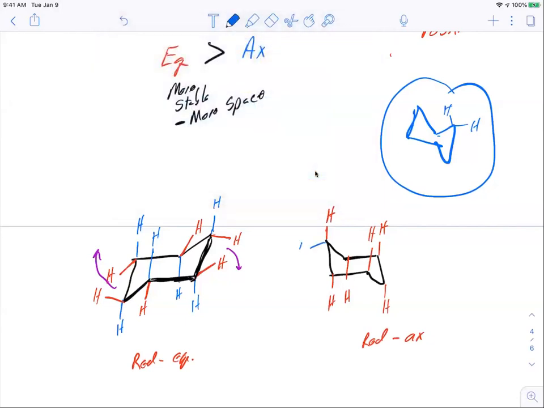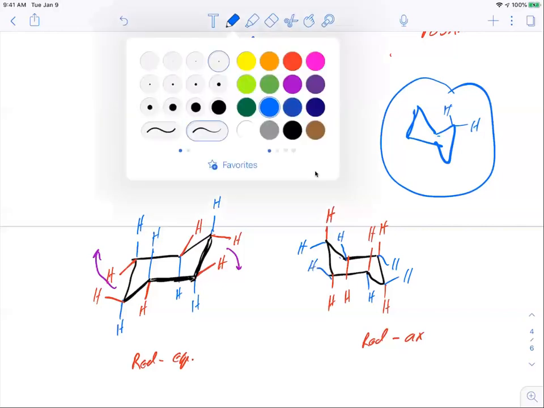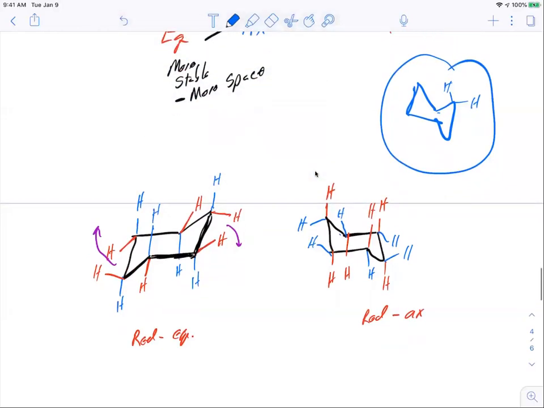The blue axial hydrogens are now flipping, and again, take your time, kind of draw those parallel the best you can. So my blue were axial over here, right? And now my blue is equatorial. And remember that equatorial have more space.